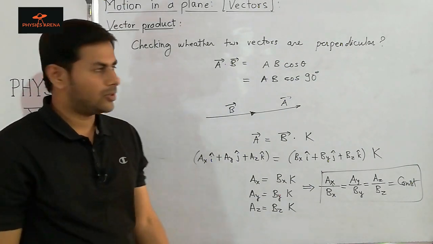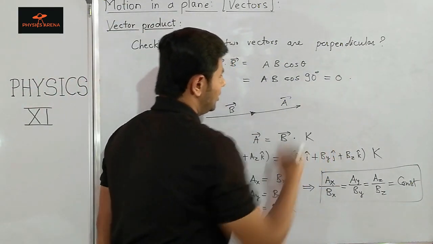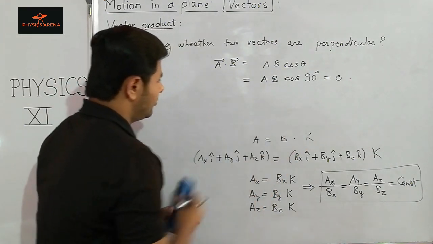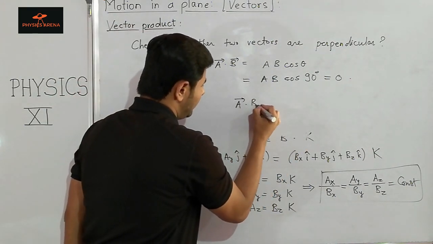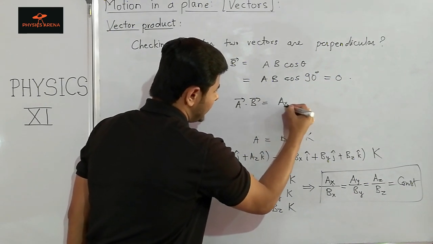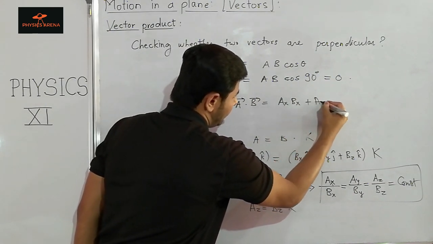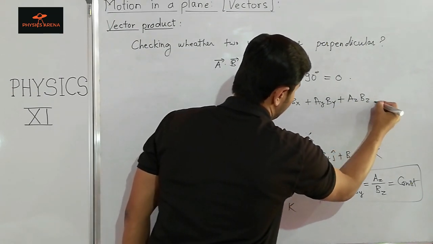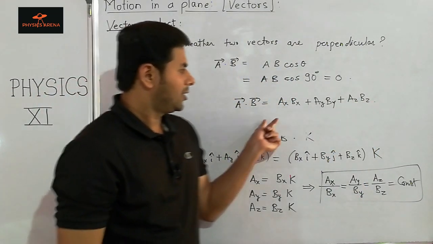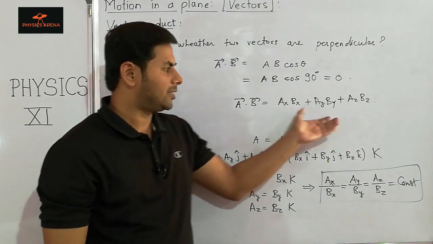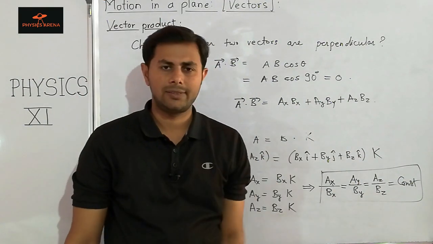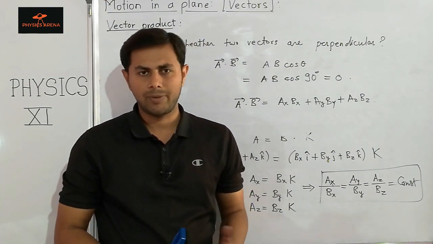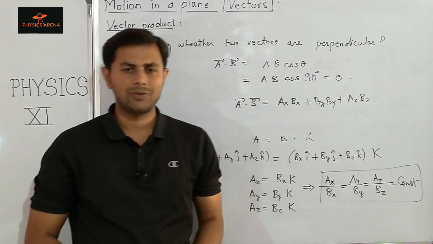Cosine of 90 is 0, so this is going to be 0, and finding this is simple because A bar dot B bar is just AX BX plus AY BY plus AZ BZ. So we have to check if the sum of these things turns out to be 0. If it's 0, the two vectors are perpendicular, and if it's not 0, they are not perpendicular.